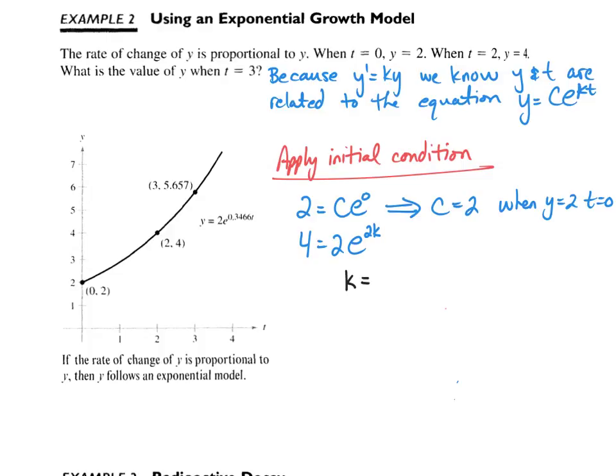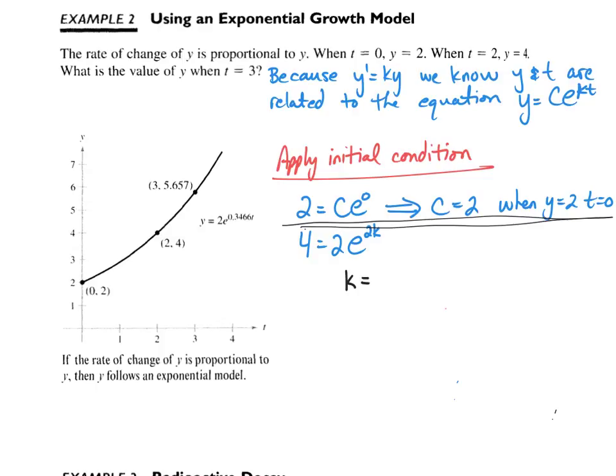If you solve, ln. Wait, how do you know that the c is equal to 2? How do I know what? That c equals 2. We plugged in our initial condition of y equals 2 and t equals 0. And anything to the 0 is 1, so we just have c equals 2 left.